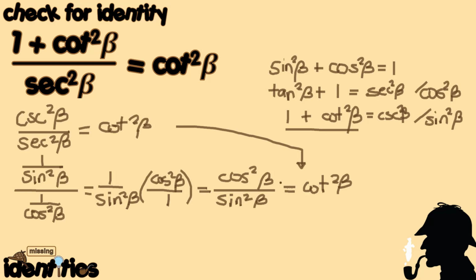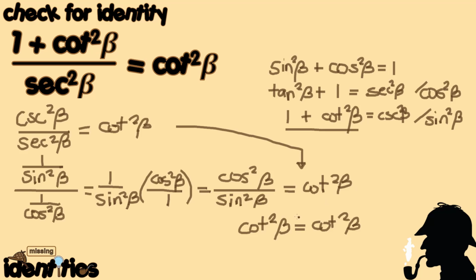And even if it's too obvious now, our goal is to make sure that this expression will be the same as the original right-hand side. So cosine squared over sine squared beta is, again, cotangent squared beta, which is just equal to the original right-hand side, cotangent squared beta.